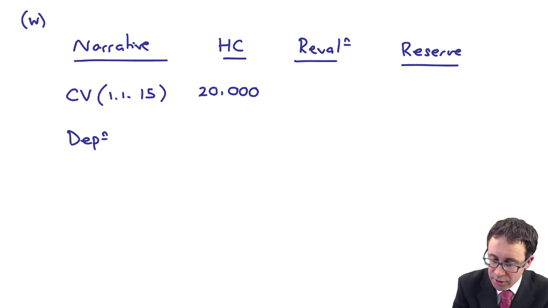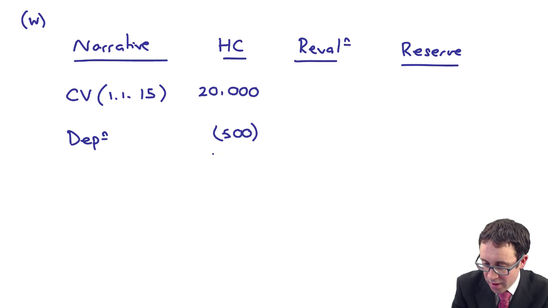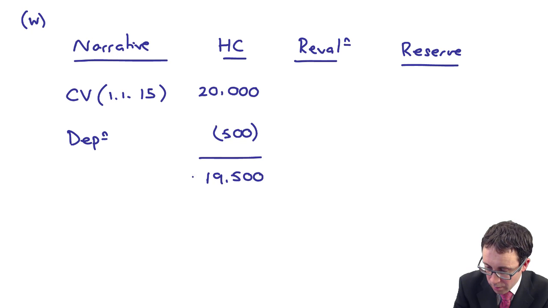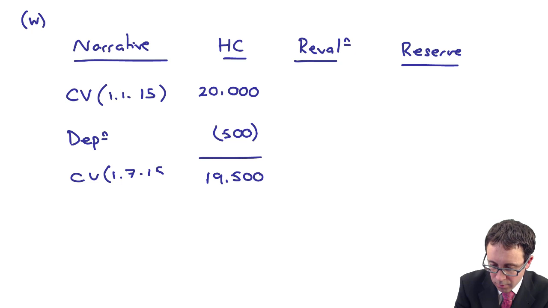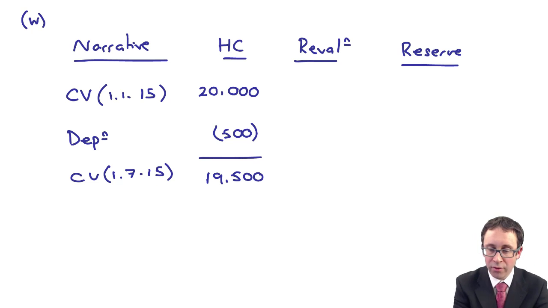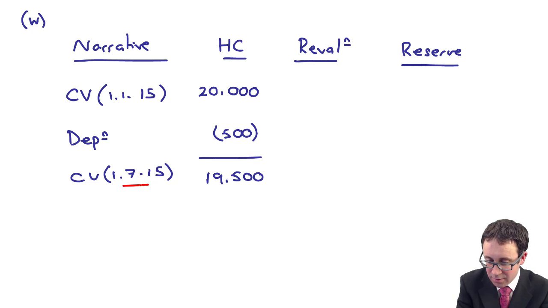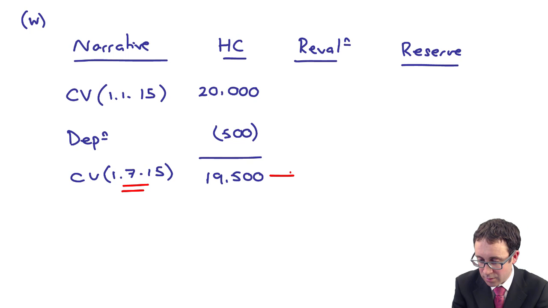The depreciation that we calculated was 500,000. Giving me a carrying value at the 1st of July of 19,500. So that's the date of change.